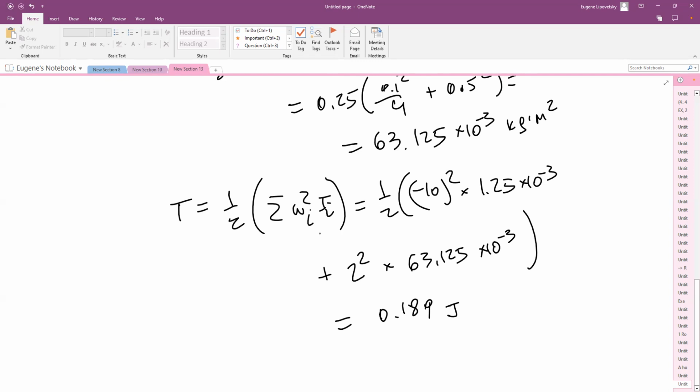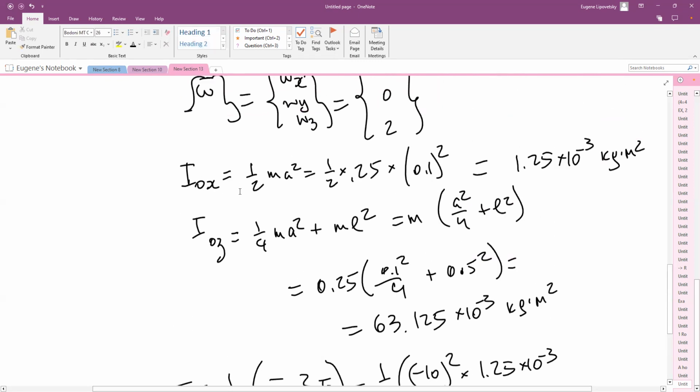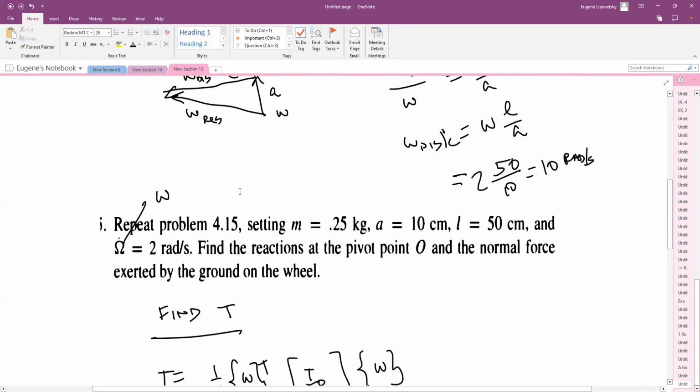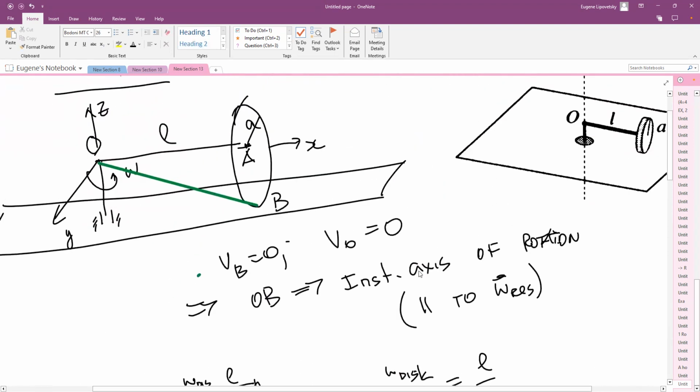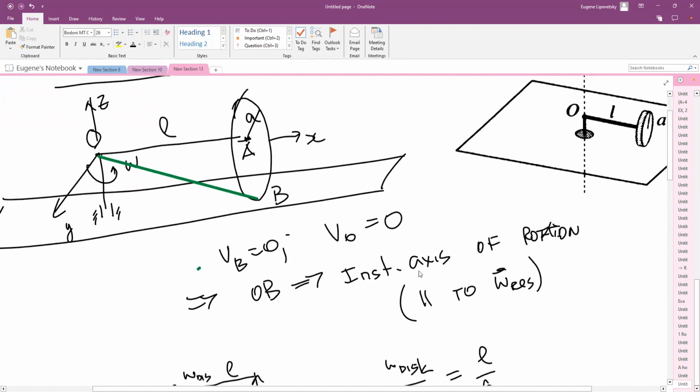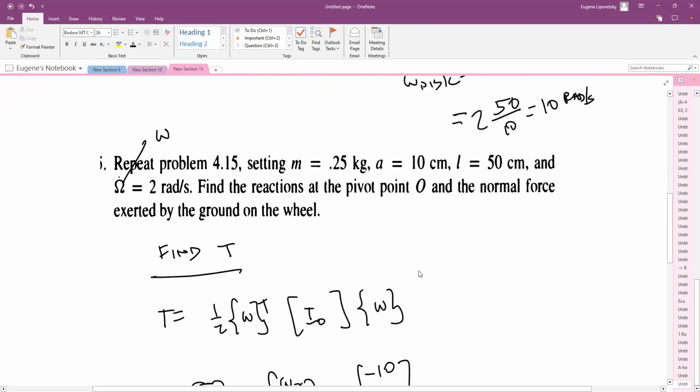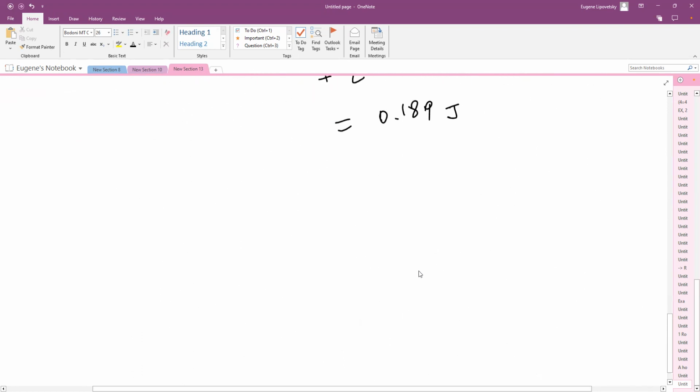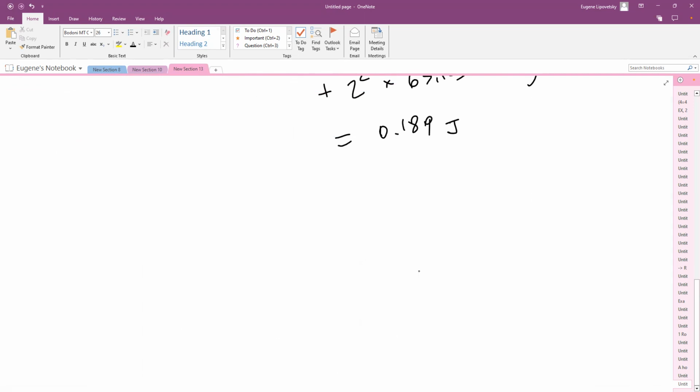The other question here in this problem is find the reaction at pivot point O. That's right there, okay? And the normal force exerted by the ground on the wheel. All right, let's do the free body diagram.